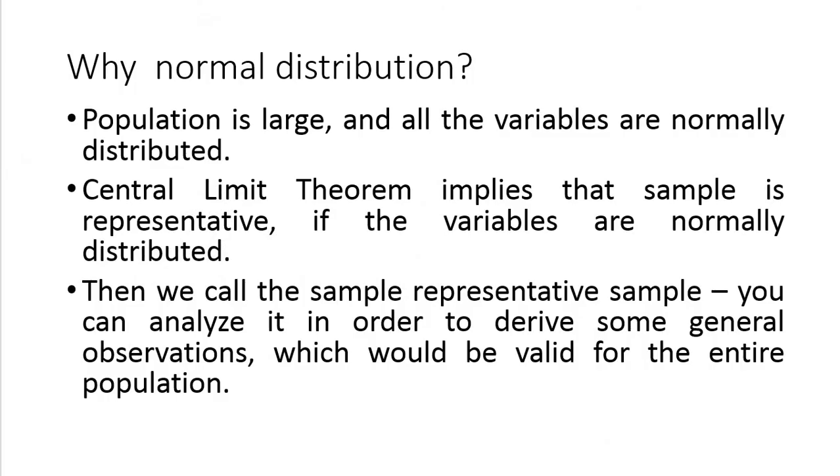As I mentioned before, normal distribution is something you expect from a representative sample. To be more specific, the central limit theorem states that the sample is representative if the variables are normally distributed. Of course, it's not always possible to achieve this, I mean, to design a sample with all the variables normally distributed. Sometimes it arises from gaps in data when you simply do not have the data available.